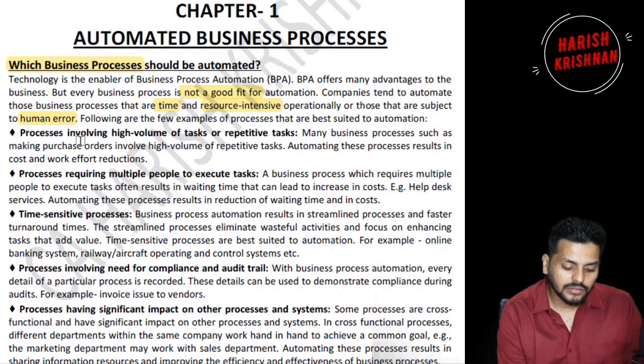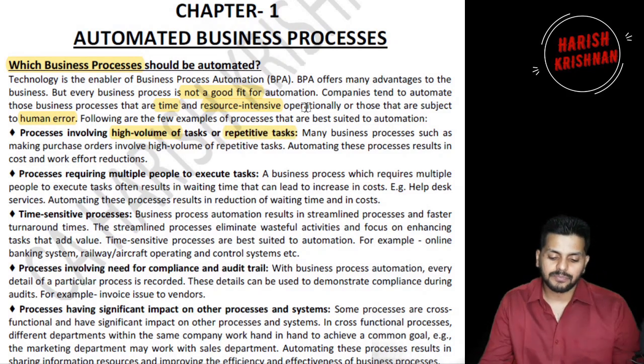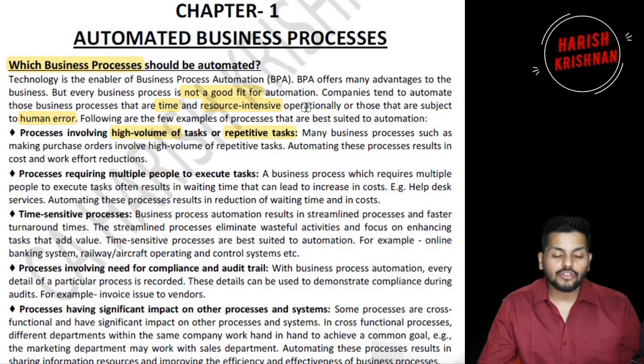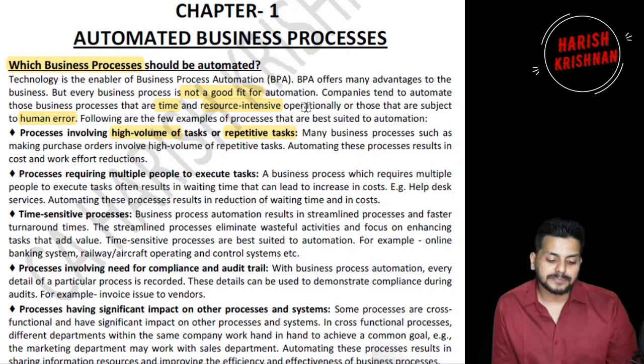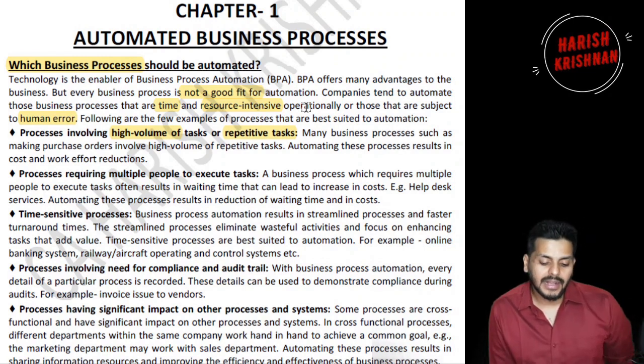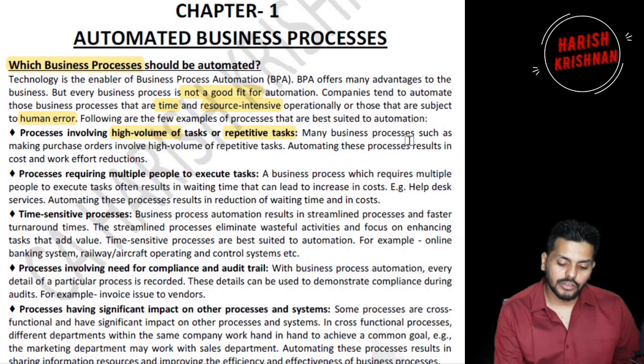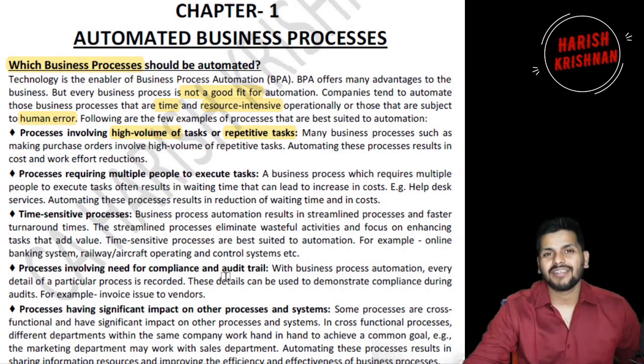Those processes which involve a high volume of tasks or repetitive tasks. So if somebody is asking you which process will you automate, you will choose to automate those processes where repetitive tasks are there and which also involve high volume. Many business processes such as making purchase orders involve a high volume of repetitive tasks.